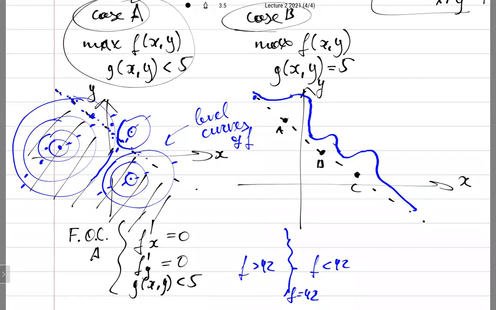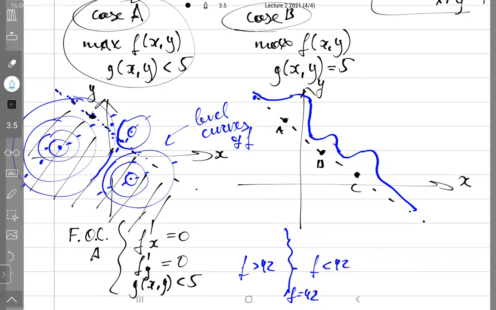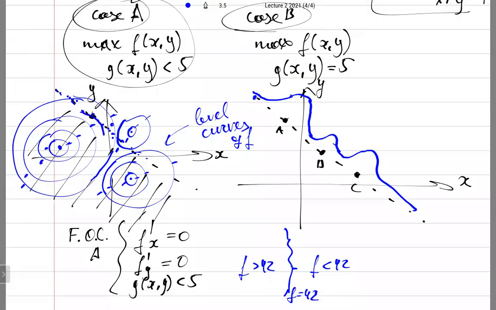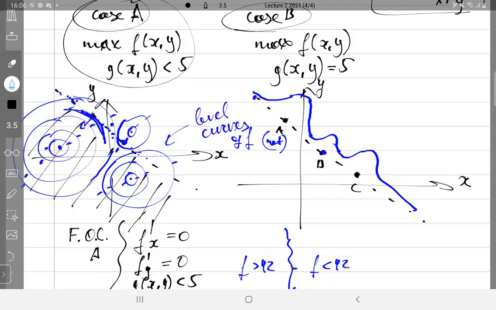At this point my line is tangent to the level curve, but I can increase my function. I can go up the hill. So that is not a local maximum.